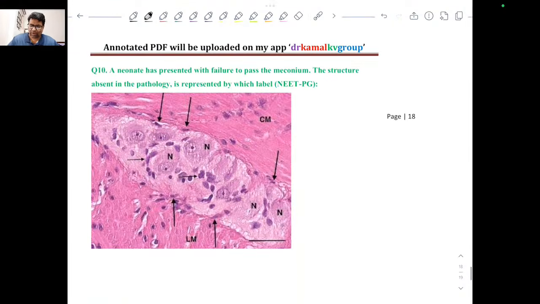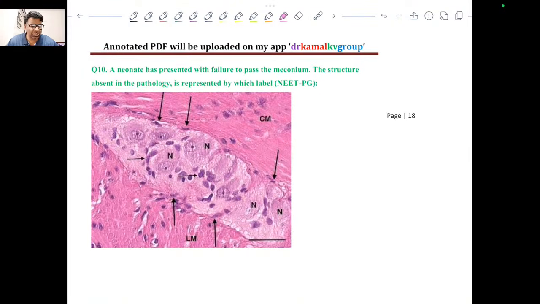And then moving forward to one more histology based question integrated with clinical scenario. Here a neonate has presented with failure to pass meconium. Now in the histological slide, you have to show what area or what structure will be affected in this pathology of this condition.